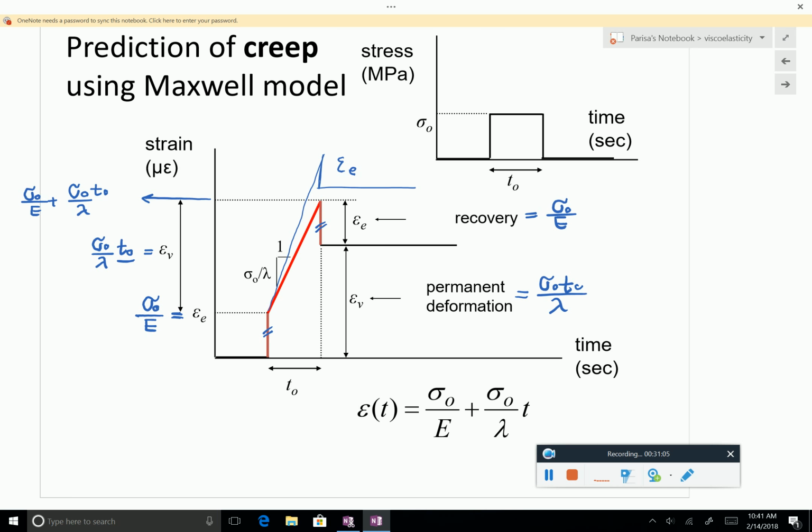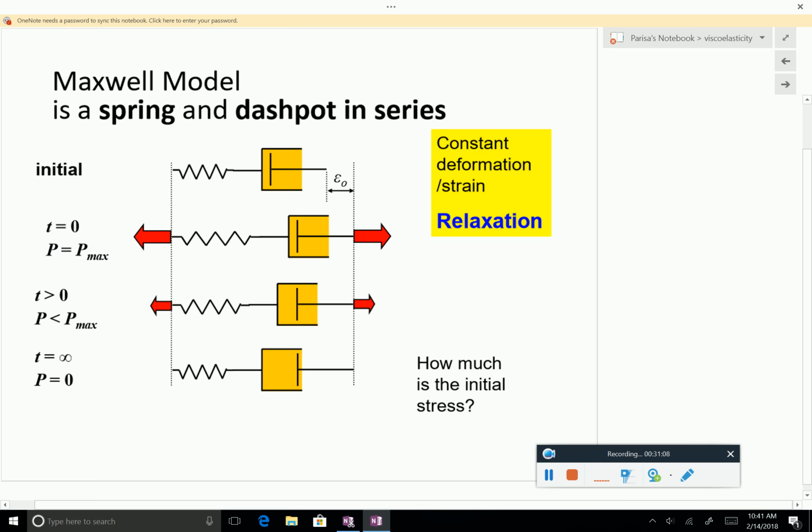Now we want to see what happens if we take the exact same model, the Maxwell model, but in this case we keep the deformation constant. We want to see how the relaxation behavior would look. So you take the model, you bring it to a strain, and you keep it right there.